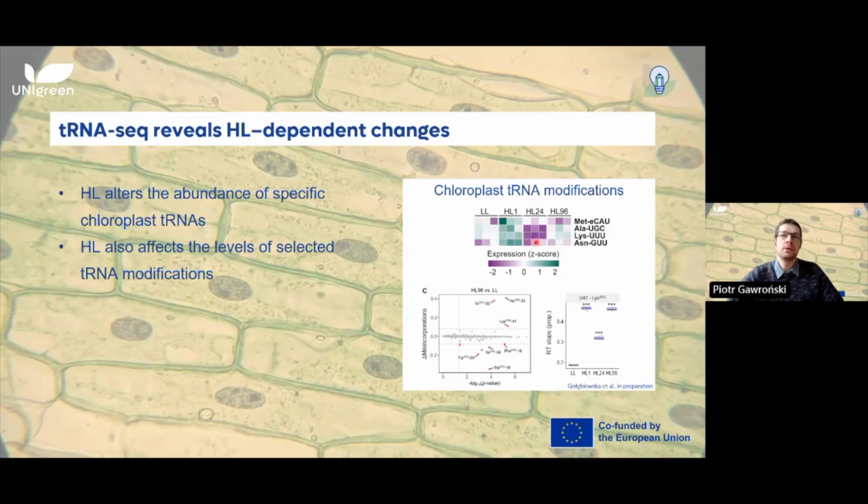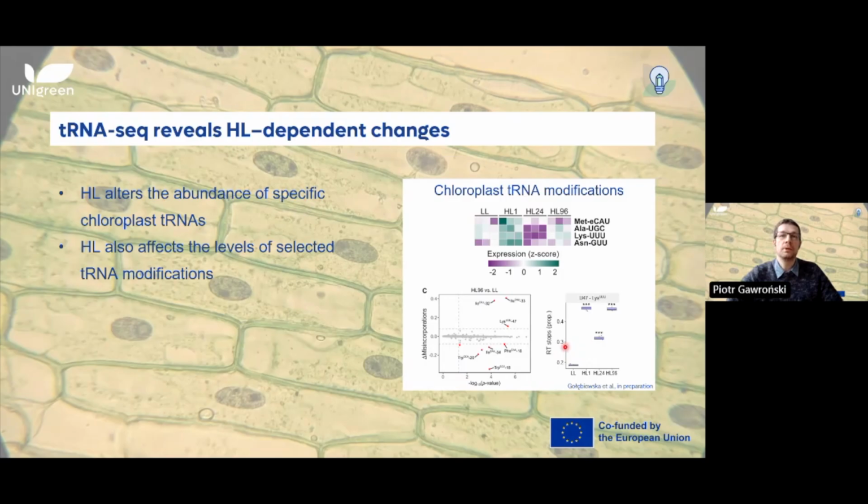Interestingly, we also detected changes in the levels of selected tRNA modifications, including the U47 modification in the lysine tRNA. And this modification is likely ACP3U that I mentioned on the previous slide.